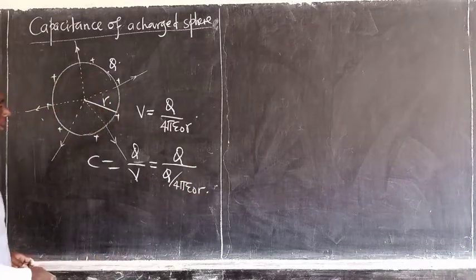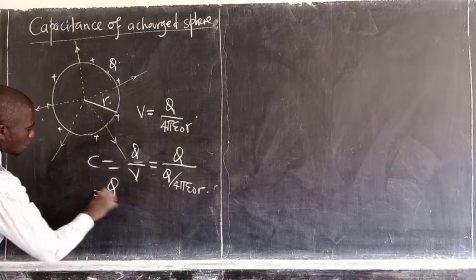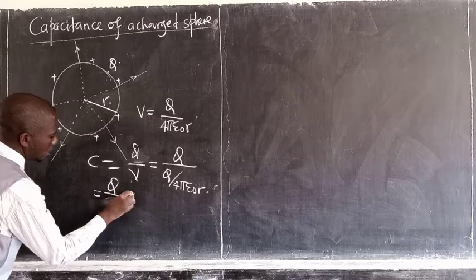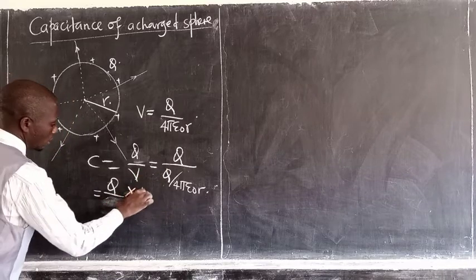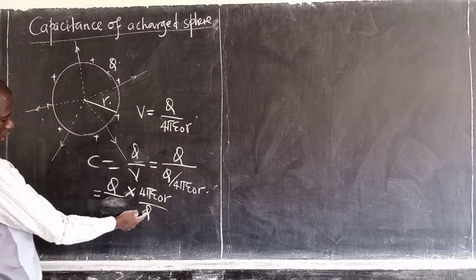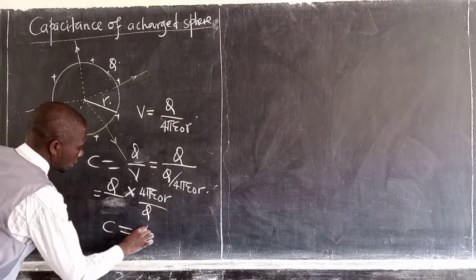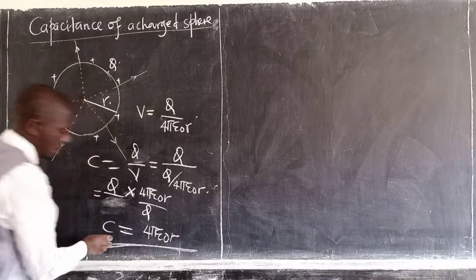So what do you get? When you divide this by this, it will be equivalent to charge over 4 pi epsilon naught r, then divided, which becomes multiplication by the reciprocal. So this charge will cancel with that, and we shall have capacitance equal to 4 pi epsilon naught r.